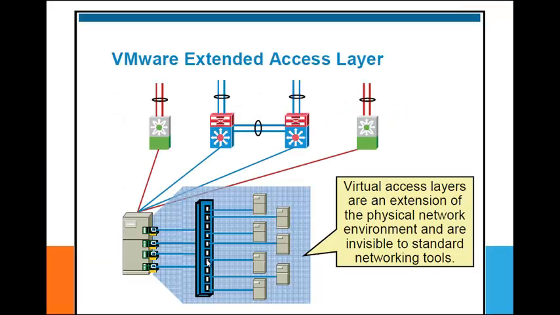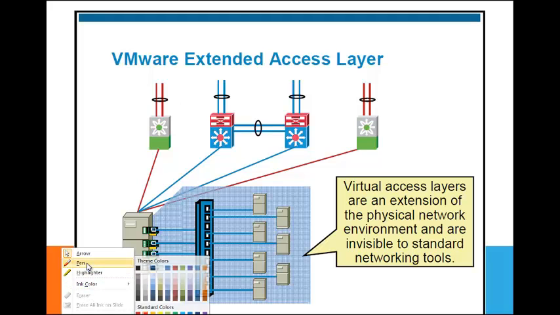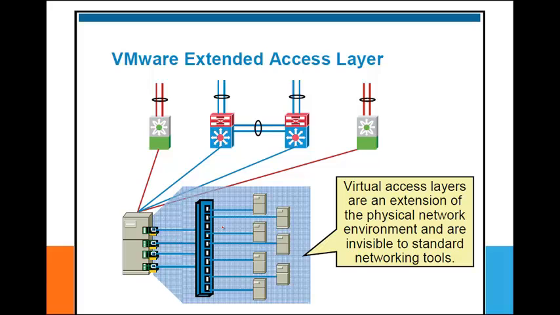So this is how we actually get Ethernet in the VM world. We have a virtual switch. This one is a virtual switch, and this is the actual host with the physical NIC cards.